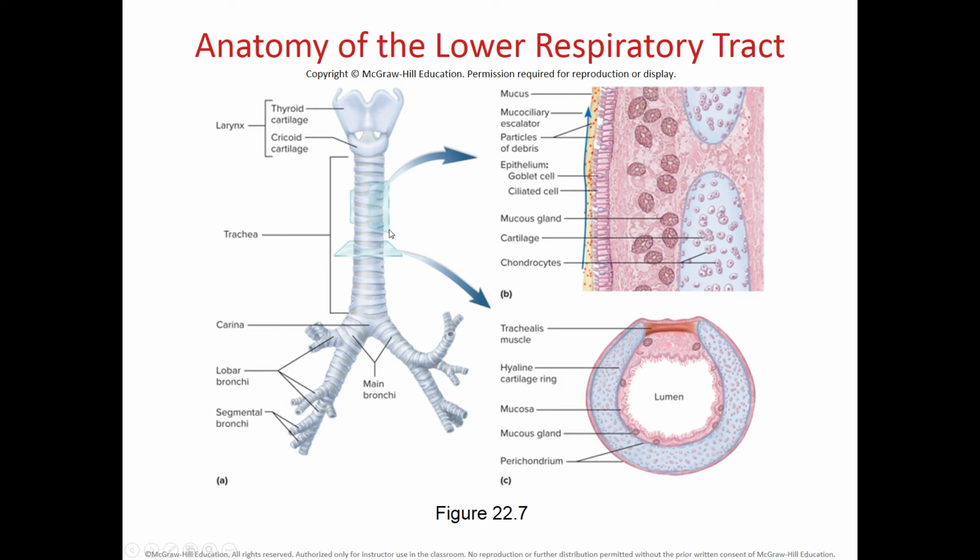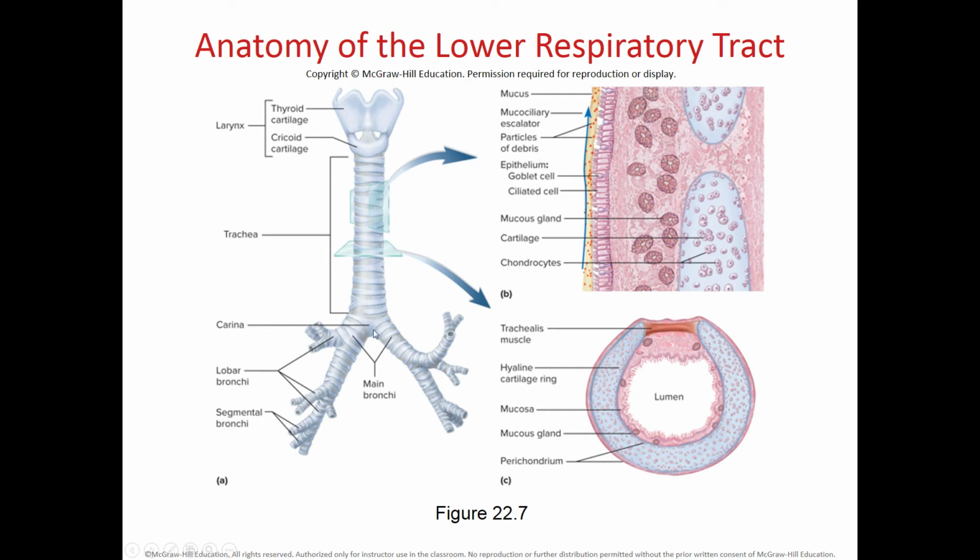If you make a longitudinal section, you will be able to see the pseudostratified columnar epithelium with the goblet cells, the cilia, and the mucus coat, and this submucosa that is made by mucus glands and also by this cartilage, the hyaline cartilage.